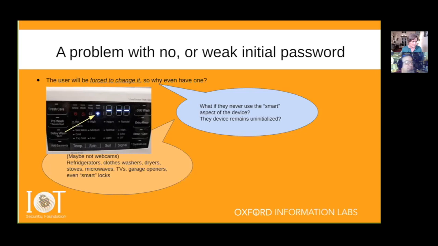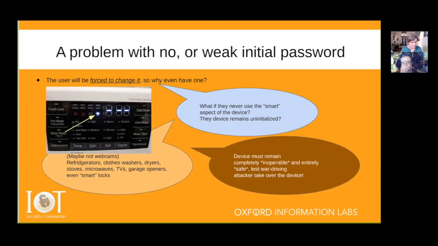So in this case, my washer is not enabled for the smart aspect until I actually do this. And now with this race condition, I have to make sure I use the app that came with it. I have to onboard it to the app, and set up a relationship, as I showed in one of the earlier slides. There was no password to enter. It did onboarding with a special access point ID, and that was it.